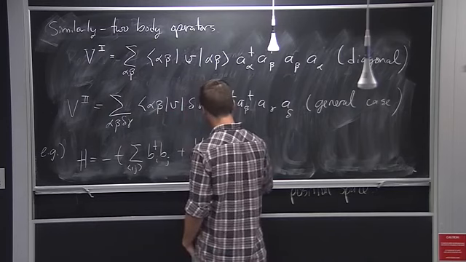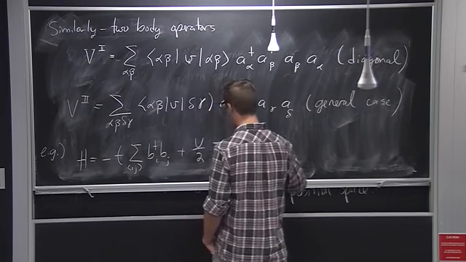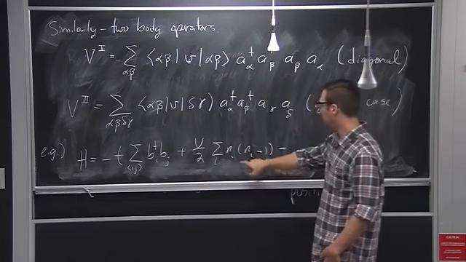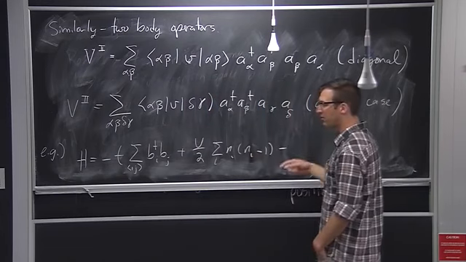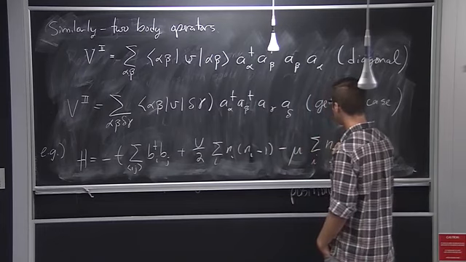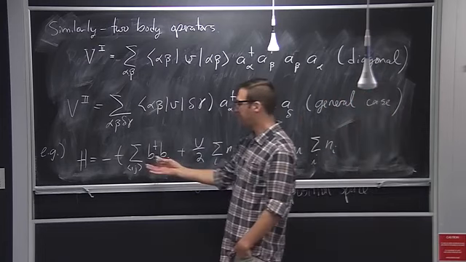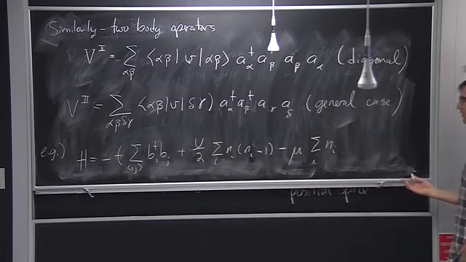I could have an on-site n_i(n_i minus 1) or 1/2, I don't care. I could have an on-site repulsion term, attraction or repulsion, depending on the sign of U. I could have a chemical potential, right? So that's a typical second quantized Hamiltonian.